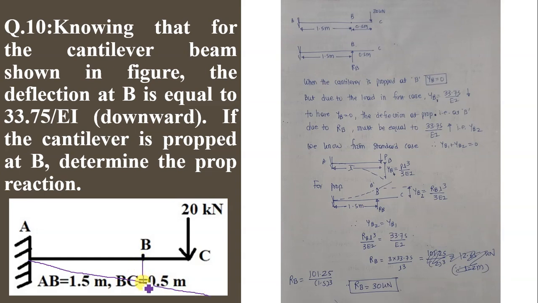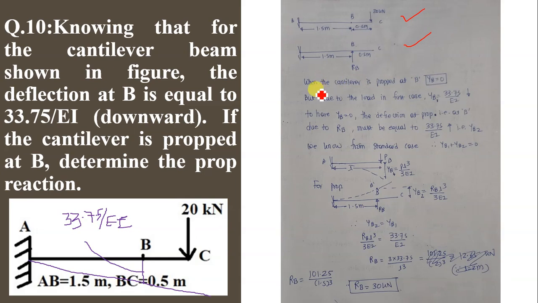So this is YB, and this YB is given as 33.75 upon EI when the beam is not having a prop. But when a prop is provided, calculate the prop reaction. This is the problem. The first figure is without a prop and the second figure is with a prop.